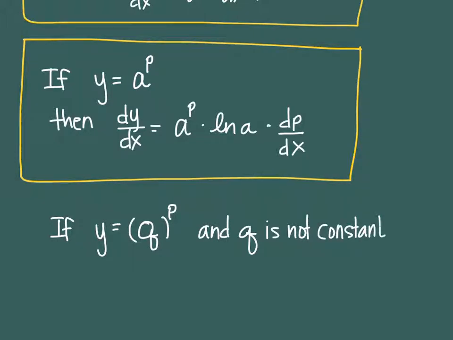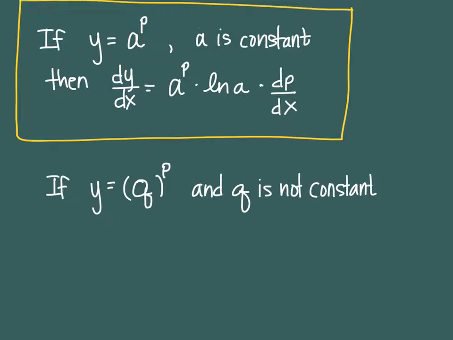In the question above, maybe we put a is constant. And so if a is constant, then you can apply that rule. But what if the bottom is not constant either? Then that's what we call a super exponential, where the bottom has a variable and the exponent has a variable.